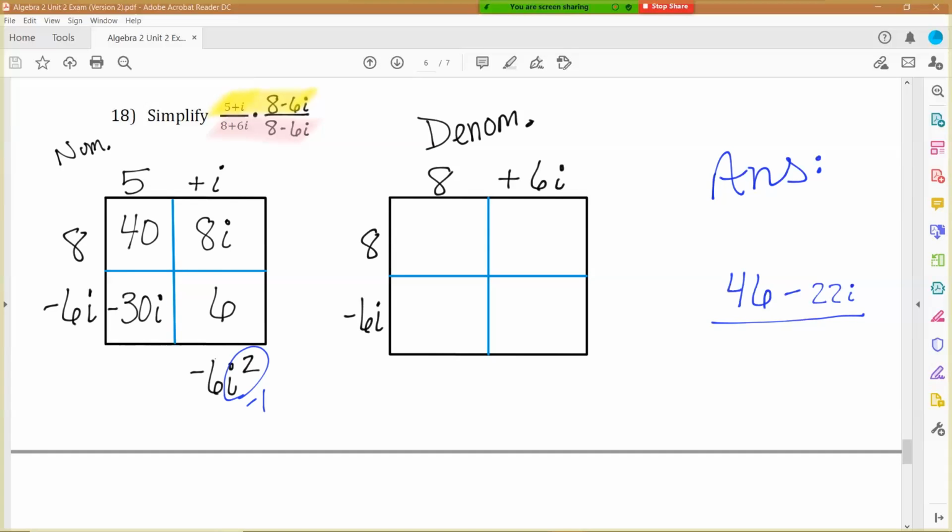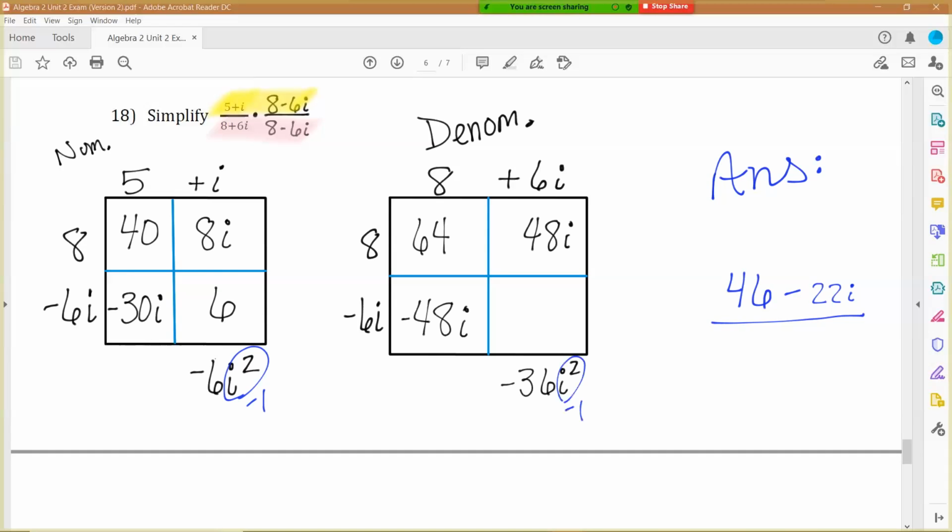Then we're going to multiply our denominator. For our denominator, 8 times 8 is 64. 6i times 8 is 48i. 8 times negative 6i is negative 48i. And then our bottom tricky box, we're going to take 6i times negative 6i, which is negative 36i squared.